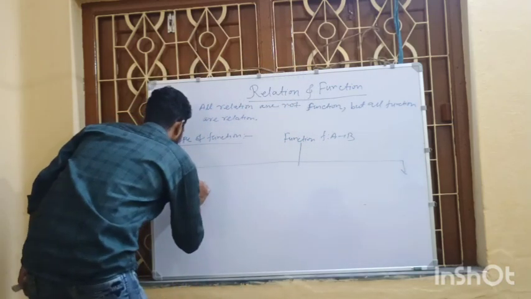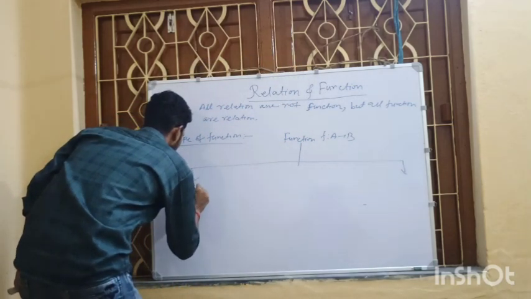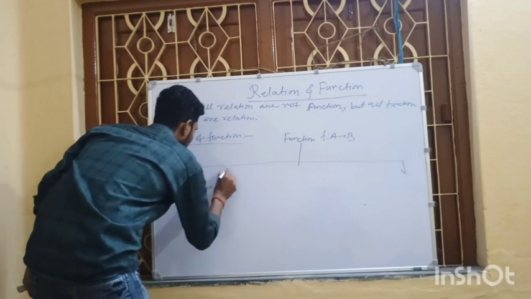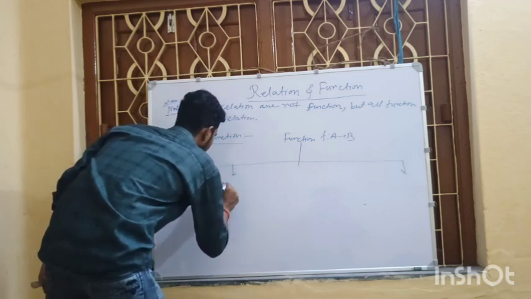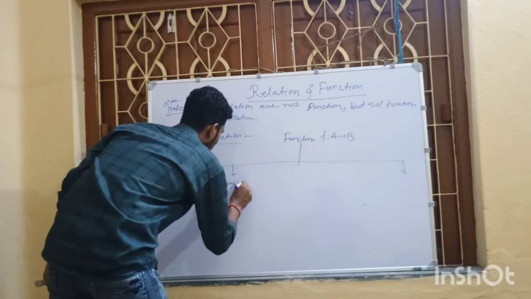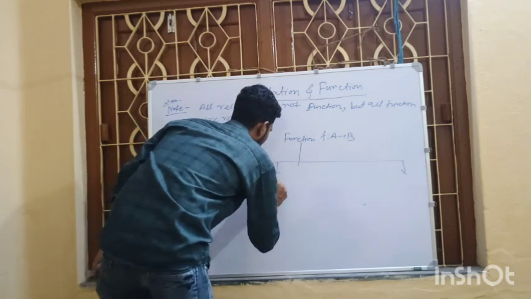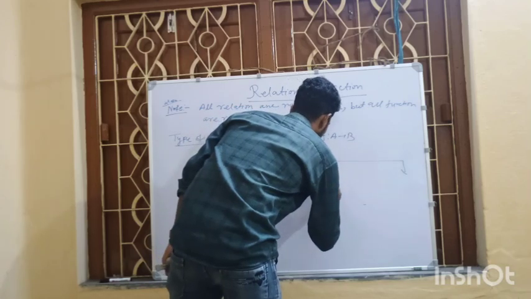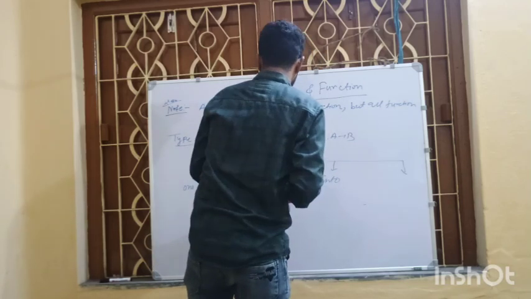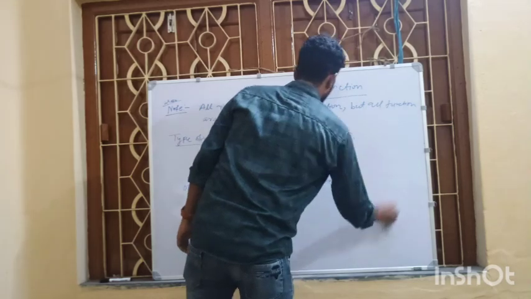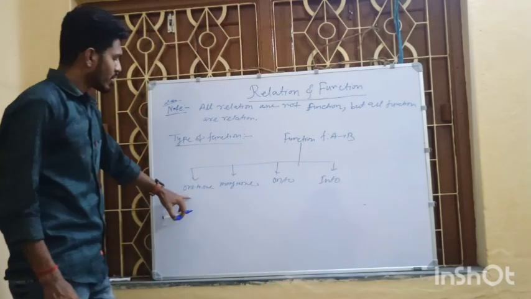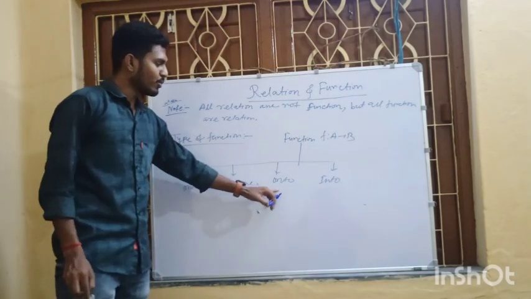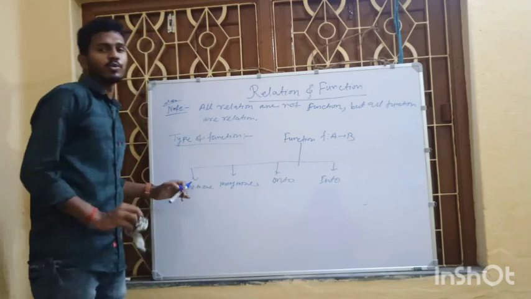First of all, one-to-one, and the second many-to-one, and the third onto, and the fourth is into function. So there are four types of function: one-to-one, many-to-one, onto, and into. So the first topic is one-to-one function.